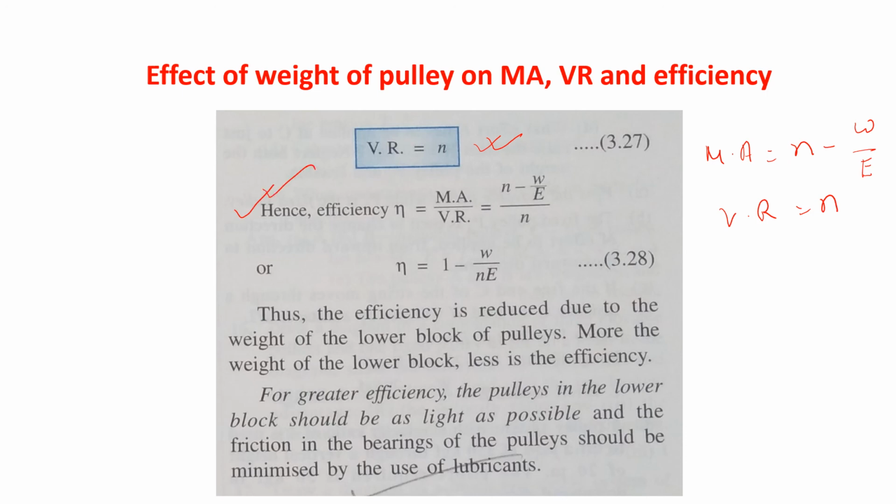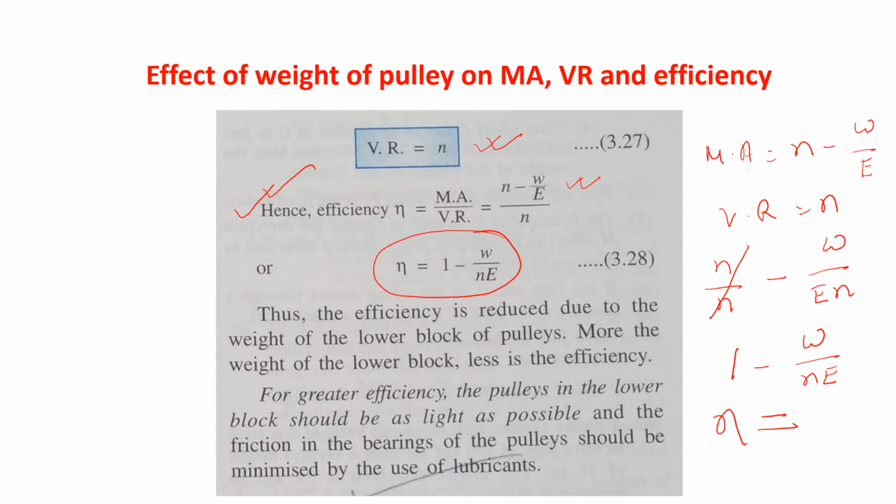So it is N minus W by E, divided by N. Now again you separate it: N by N minus W by E into N. N gets cancelled, so 1 minus W by NE. That I have got. That means efficiency eta is not 1. Efficiency eta is equal to 1 minus W by NE.